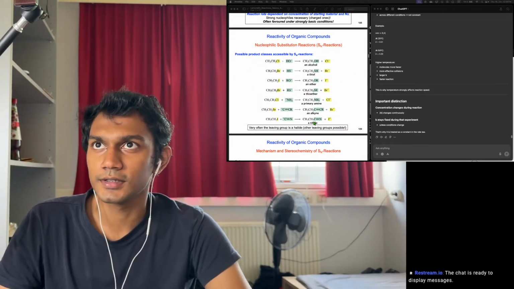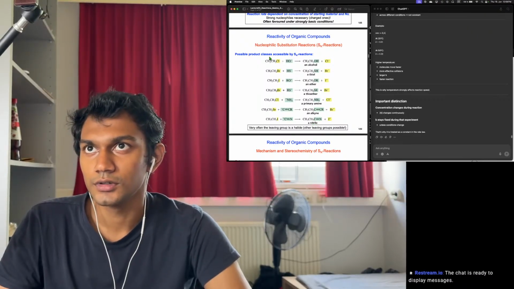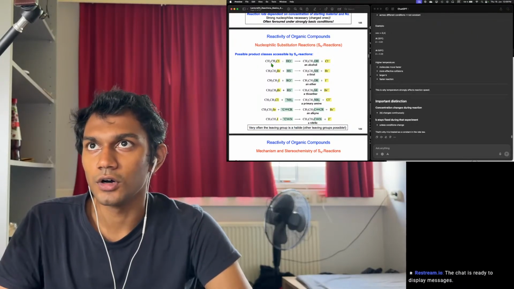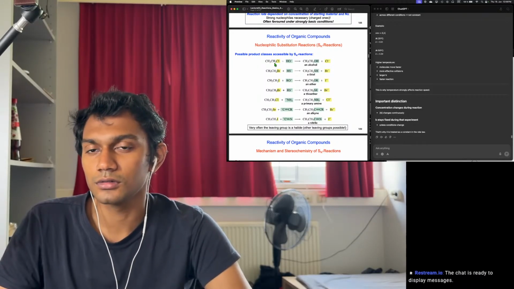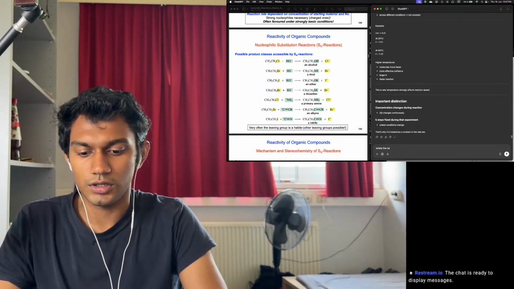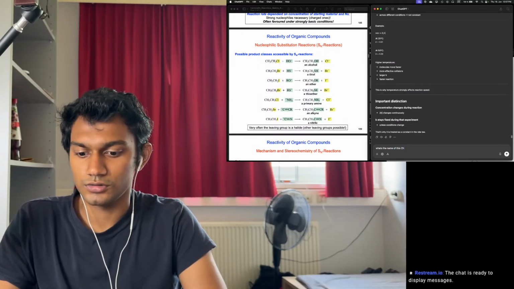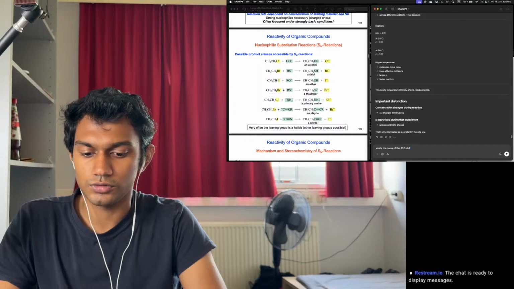Possible product classes accessible by SN reaction. No, I can't copy it. So we got a chloroethane. What would you say? What's the name of this? CH3CH2Cl.